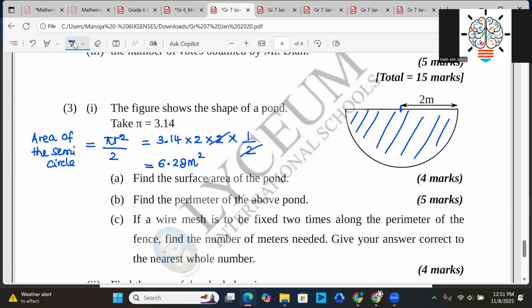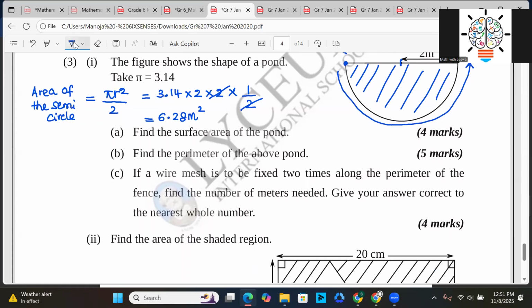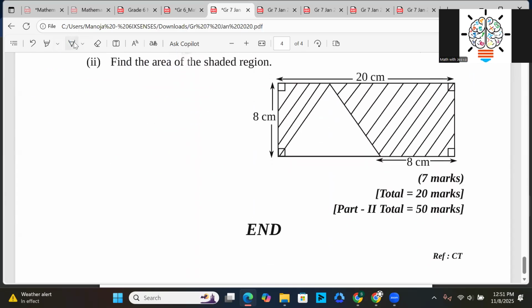Find the perimeter of the above pond. Can you remember? When you want to find the perimeter, you start from one particular corner and you go like this. So then you find this perimeter and you come to the original position. So then how we are going to find the perimeter, children? First you want to get the curve part, right? The length of the curve part here, that I will write here.